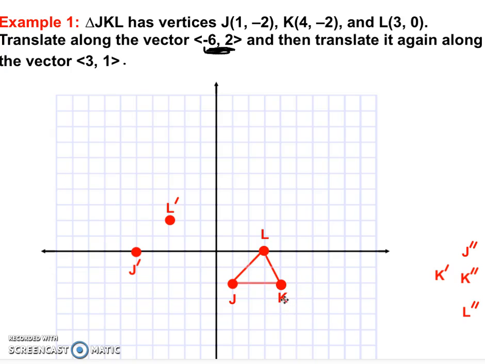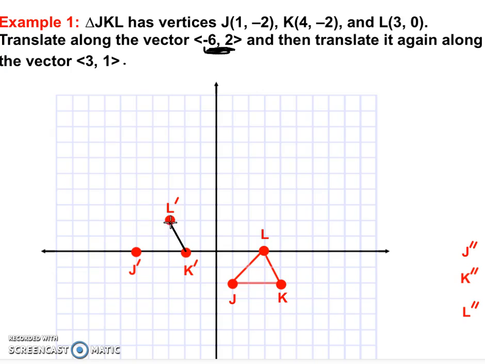I'll do the same thing with the K. 1, 2, 3, 4, 5, 6, up 2, and that's going to be K prime. I'll go ahead and connect the sides.